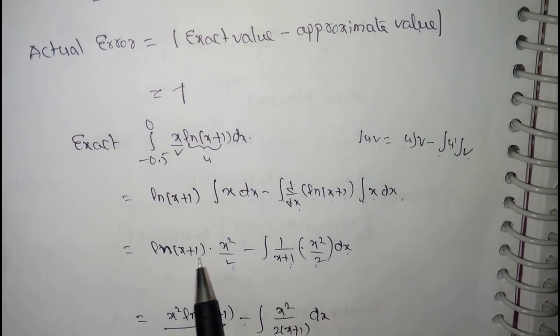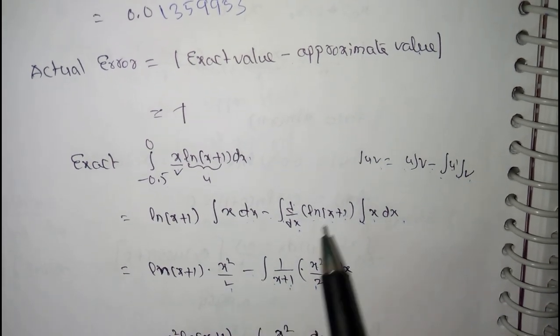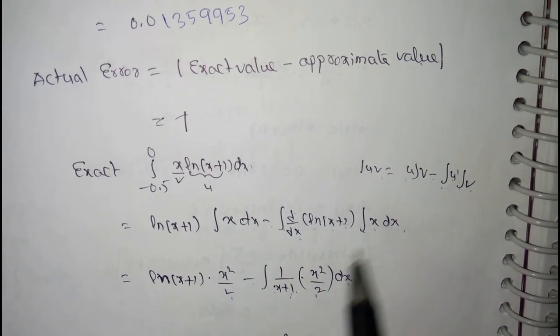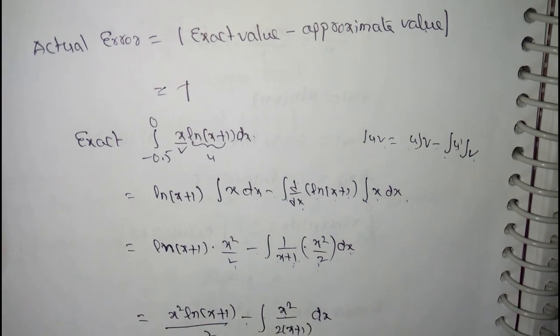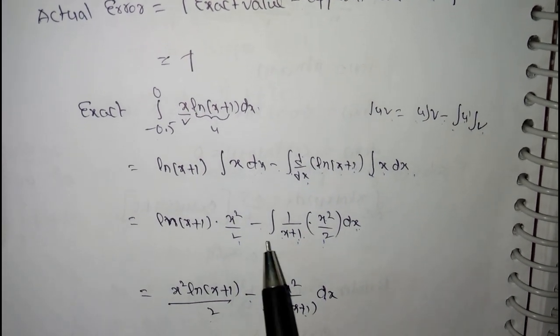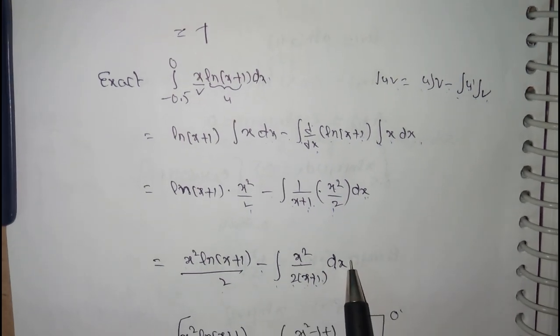Next, ln(x + 1) times the integration of x, which is x square by 2, minus the integration of the derivative of ln(x + 1), which is 1/(x + 1), times x square by 2 dx. Then x square ln(x + 1) by 2 minus the integration of x square by 2(x + 1) dx.